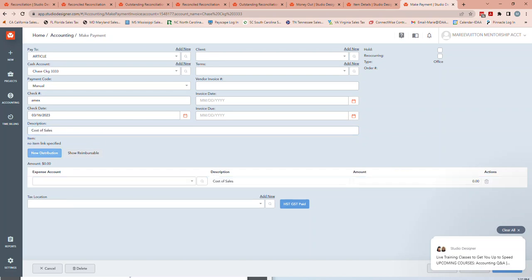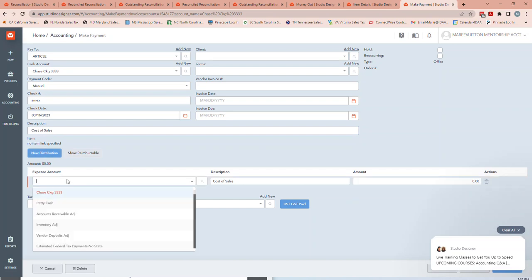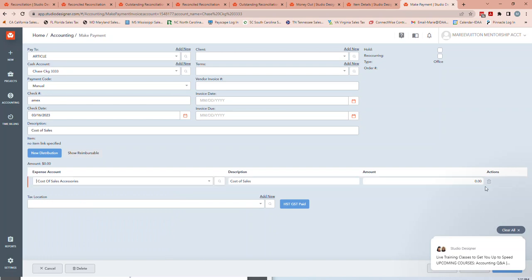I see this happen. I see people do this all the time. So they'll say cost of sales, accessories, let's just say. Okay, I want to make sure I show this because I run into troubleshoot calls like this a lot. So they might say 505. Okay, let's just pretend. So there's a number of ways you can do this.